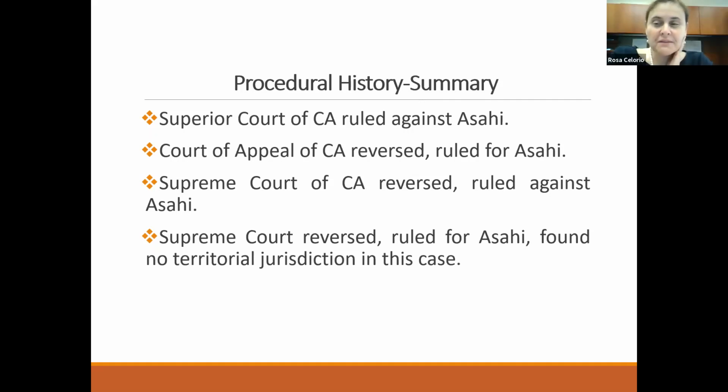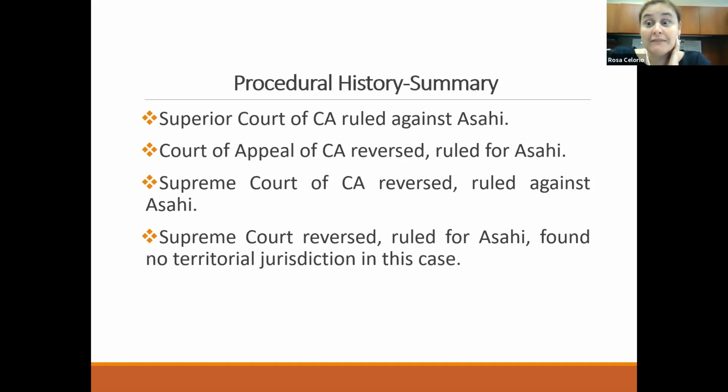There's a number of components of this case that are very interesting. The reason why we're having this case before the United States Supreme Court is because Asahi is a foreign manufacturer. Asahi is not based in California, and the facts occurred in California.